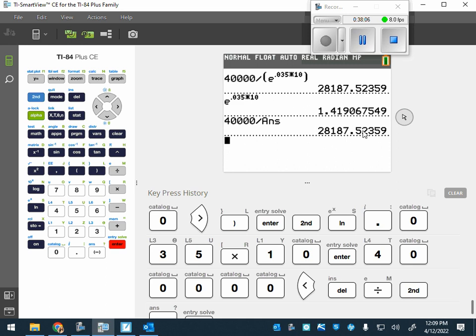For the principal, you would round up to 53. Even though it doesn't look much like rounding in general, I want you to try that out. Do it in your calculators right now. $28,187.52 times e to the 0.035 times 10. Tell me what you get.